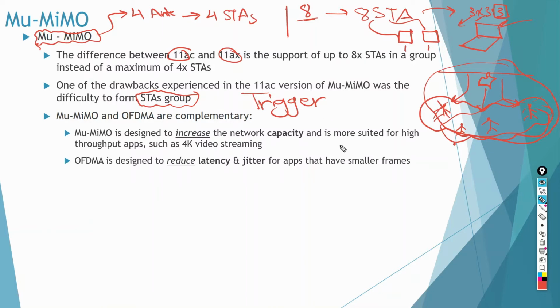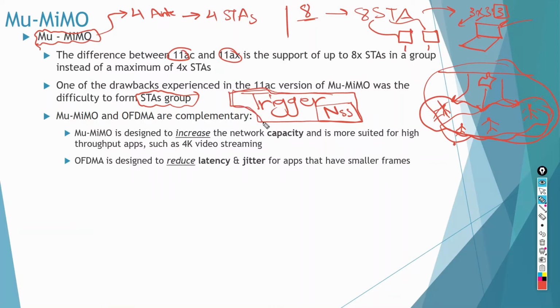As we have seen, it contains information like the number of spatial streams used per user, and we can imagine that the spatial streams can be assigned to antenna elements, which communicate with those clients directly. So 11AC had this problem, and 11AX resolved it by introducing a new frame type that could be used to arrange the trigger of the transmission.